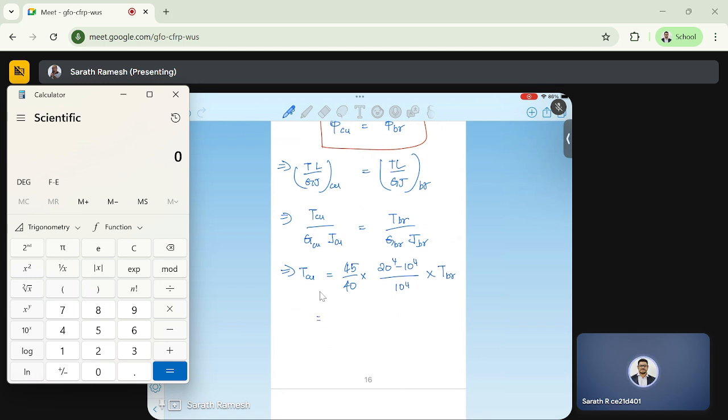So T copper is equal to 20 power 4 minus 10 power 4 divided by 10 power 4, into 9 by 8, into 9 by 8, 16.875 times T brass.